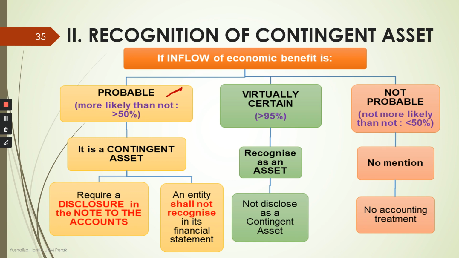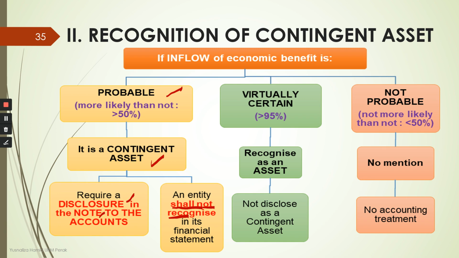So if there's more than 50% chance that we will receive the inflow of economic benefits, that is not an asset, but that is a contingent asset. And therefore, MFRS 137 requires the company to make disclosure in the notes to the account. You need to remember that this does not mean that you are going to record. You are not going to recognize. No recognition, just notes to the account.